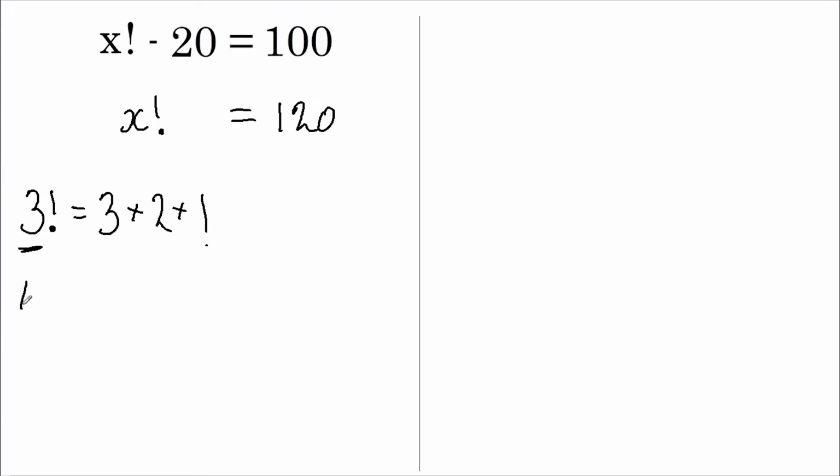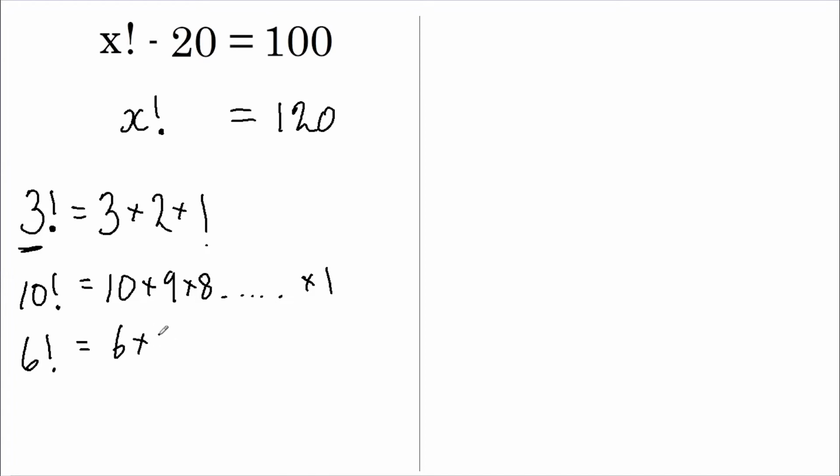So, 10 factorial would be 10 times 9 times 8, etc., all the way down to times 1. And 6 factorial would be 6 times 5 times 4, etc., all the way down to times 1.